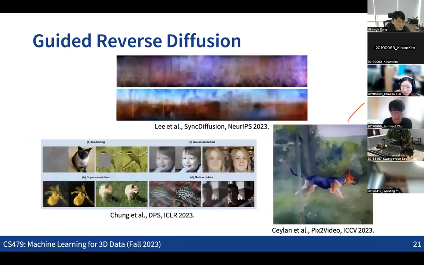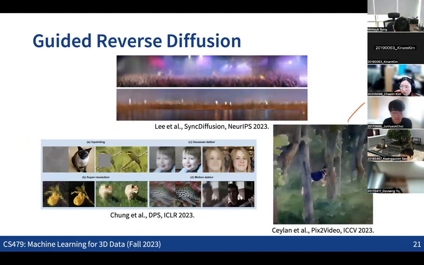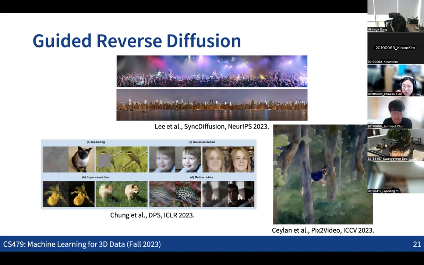On the right-hand side, these are also some results of editing the given video into a specific style. We can run the reverse process for each frame of the video in a way that their styles match, basically adding guidance in the reverse process. The same idea can also be used in all the other conditional cases, for in-painting, for super resolution, for all the other cases.